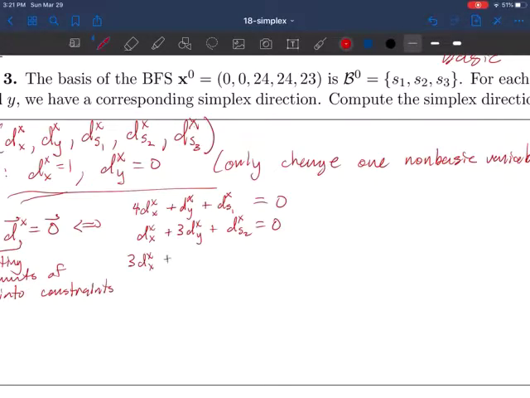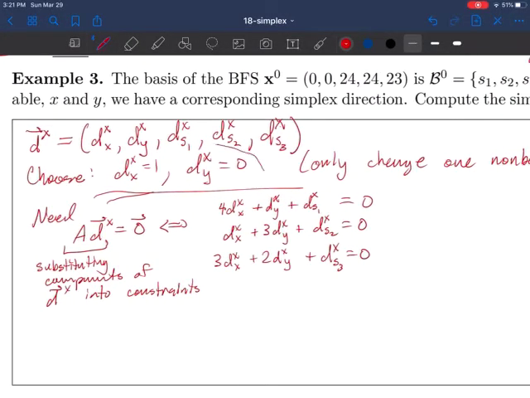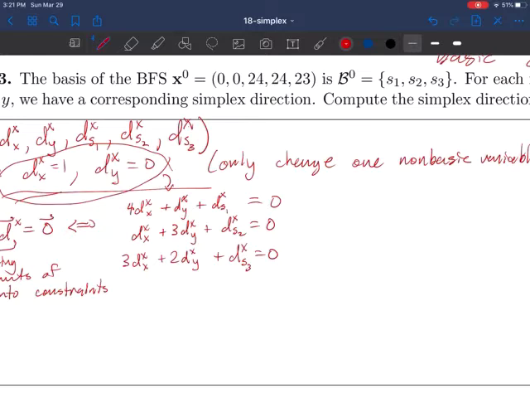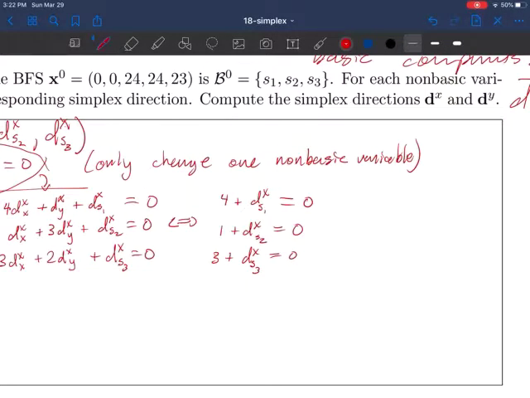And then 3 dxx plus 2 dxy plus dxs3 equals 0. I do substitution with these into here. And so then I see that dxy is 0, dxx is 1, so this is just 4 plus dxs1, 1 plus dxs2, and 3 plus dxs3. And they're all equal to 0.